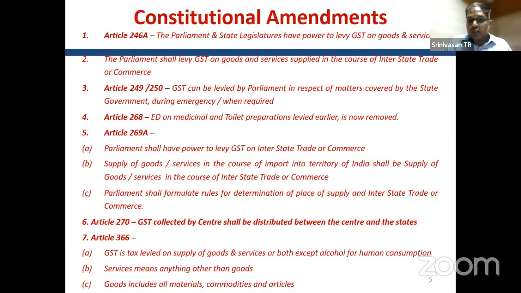So you can find Article 269A, or 250, or also Article 246A. It says anything interstate, from one state to another state, is in the scope of the central government to levy taxes. So it means the central government will decide for one state to another state. Within the state, it will be governed by the respective central and state governments.